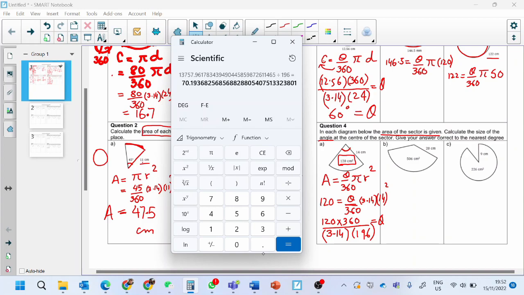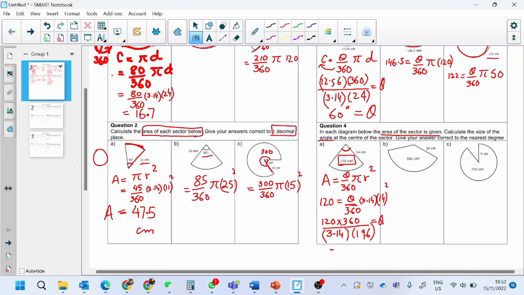It says to give your answer to the nearest degree, so we just write the degree. This one is 0.19, right? If it were greater than 5, we could write 71, but we do not need to write 71. That angle is just 70 degrees. We do not need to write the decimal points.